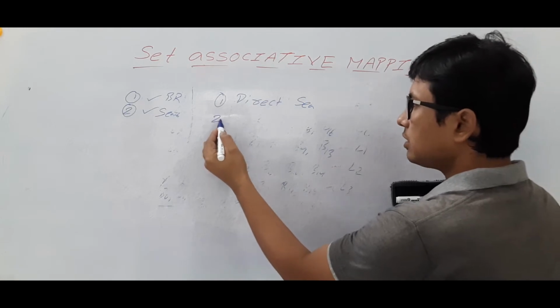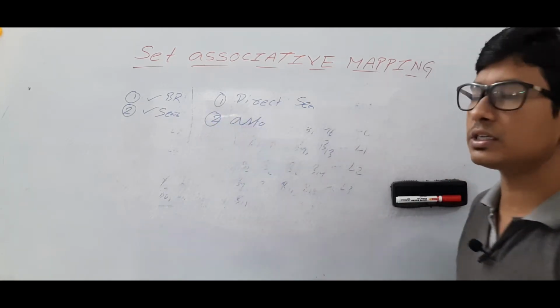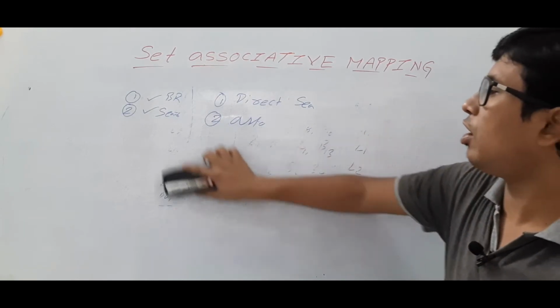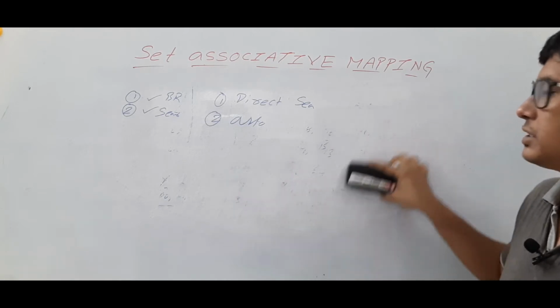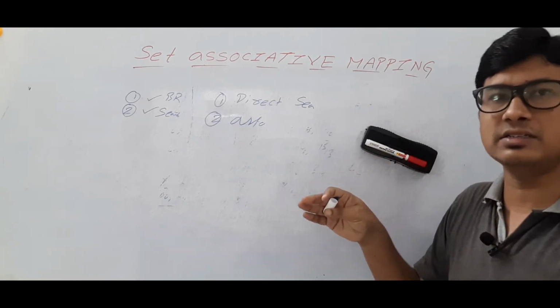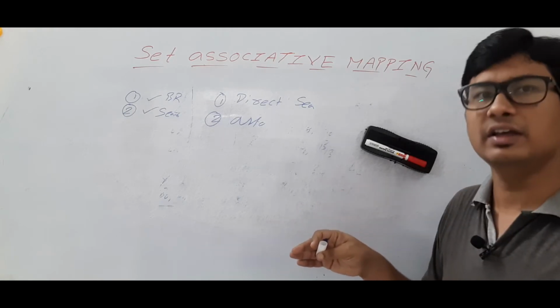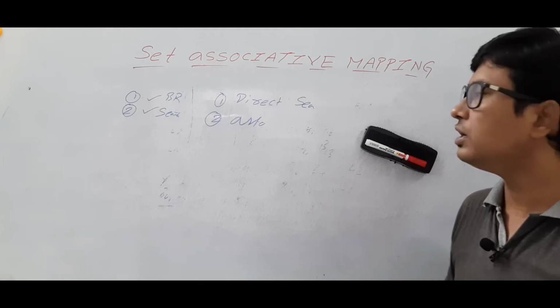And in associative mapping, the advantage is that block replacement will be better because we are not wasting the line numbers. Only when all the lines in the cache memory are filled will we think about replacement. Otherwise we will not think about replacement.